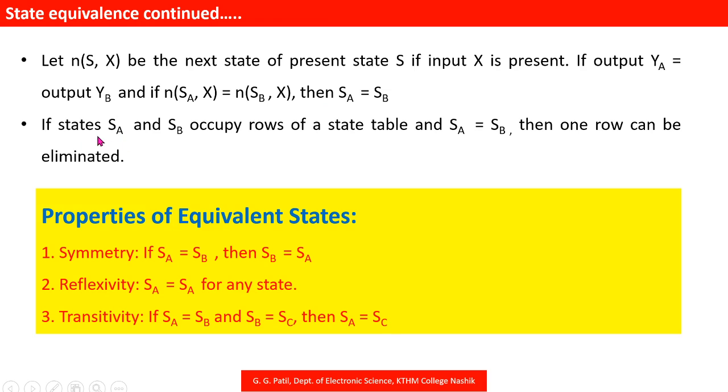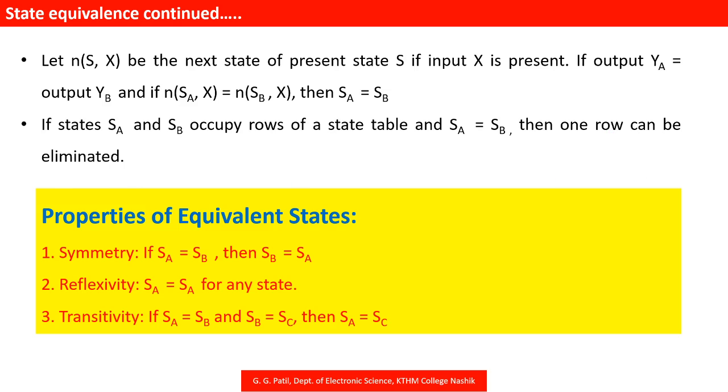If states SA and SB occupy different rows of the state table, and if the states are equivalent, then one row can be eliminated from that state table.